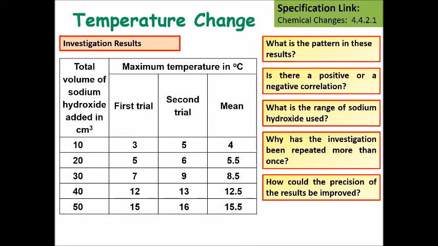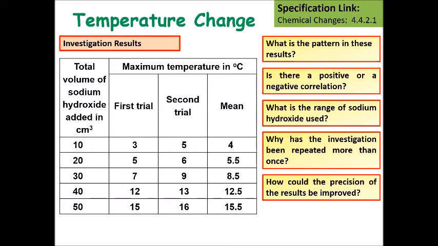There are a number of things that we need to think about when looking at these results. The first thing is, what is the pattern in the results? We can see that as the volume of sodium hydroxide added is increased, the temperature change in the reaction also increases. There is a positive correlation between the volume of sodium hydroxide added and the temperature change.